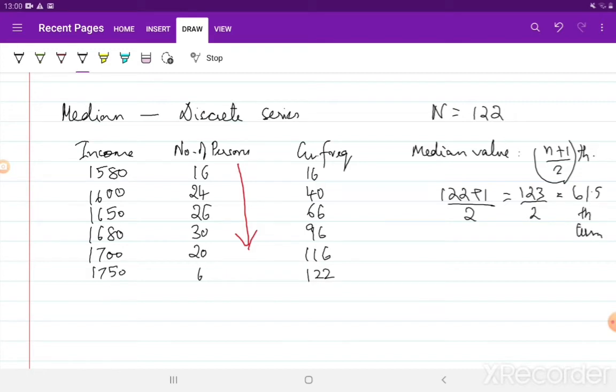Now we know that 61.5 would fall in the 60. That means the 61st and the 62nd term would fall in this category. And so we can say that the median income in this case is 1650.